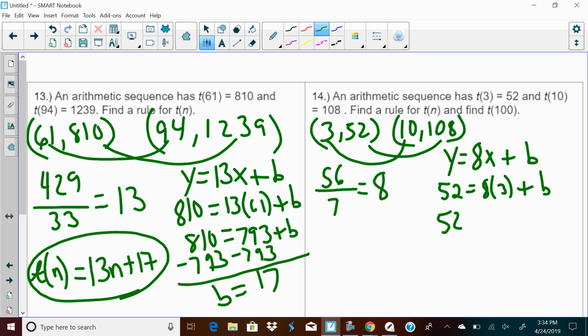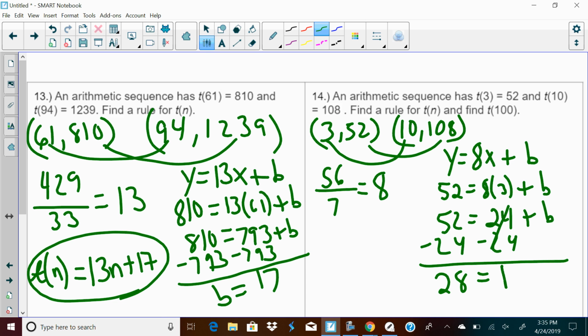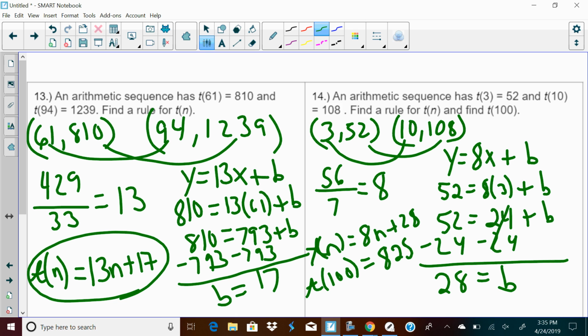So I get 52 equals 24 plus b. So I ended up with 28. So t of n equals 8n plus 28. And then t of 100, 8 times 100 is 800 plus 28 is 828.